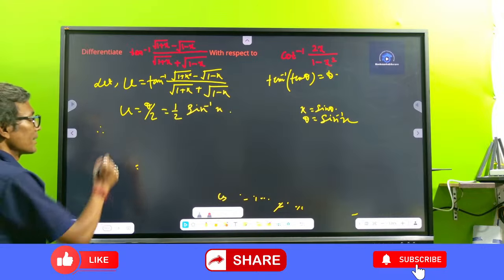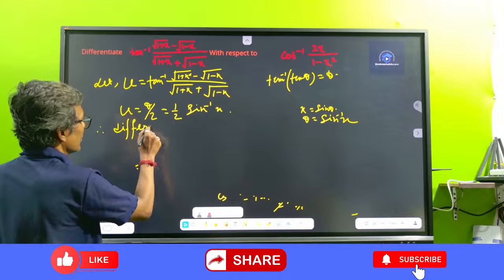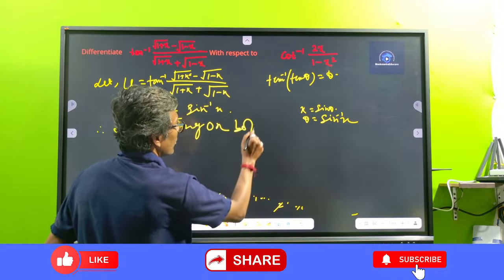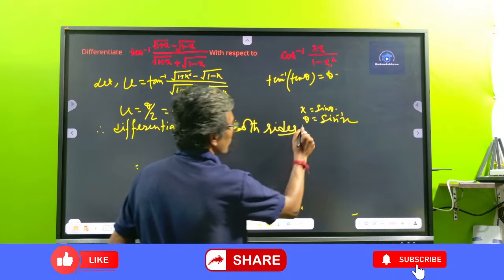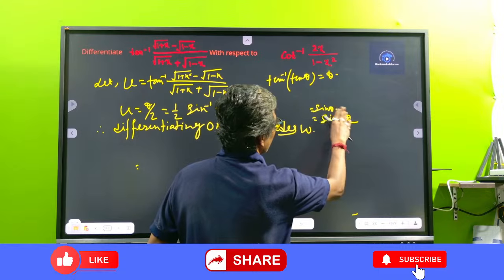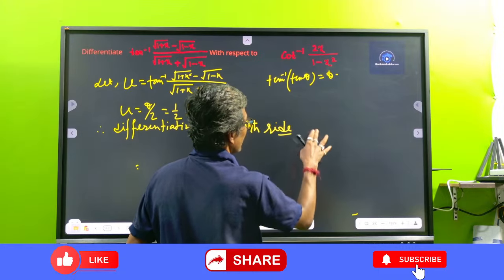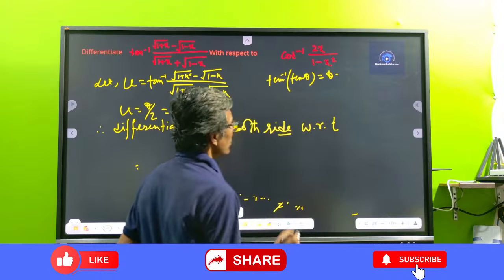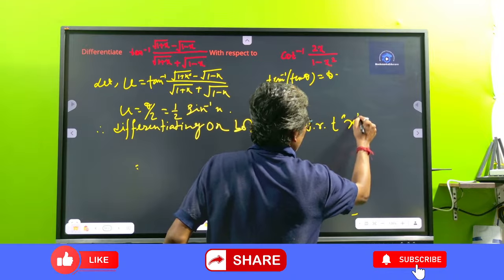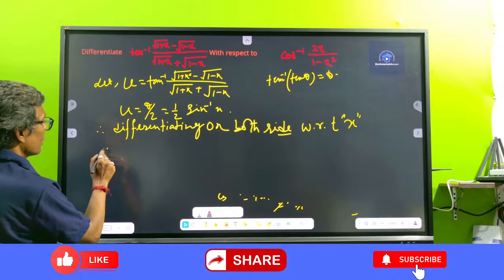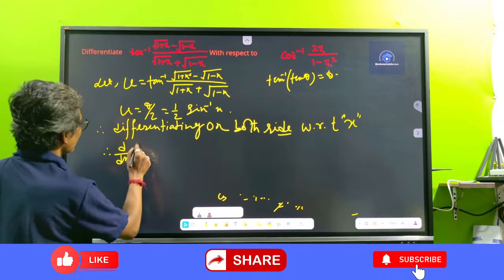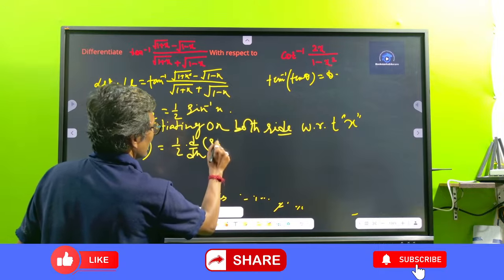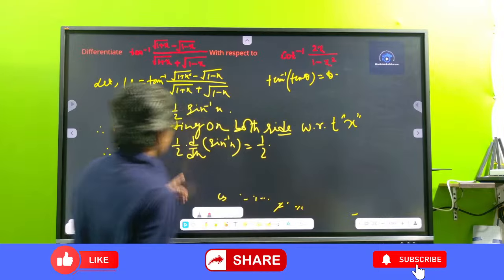So now differentiating on both sides with respect to x, d by dx of u is equal to half into d by dx of sine inverse x.